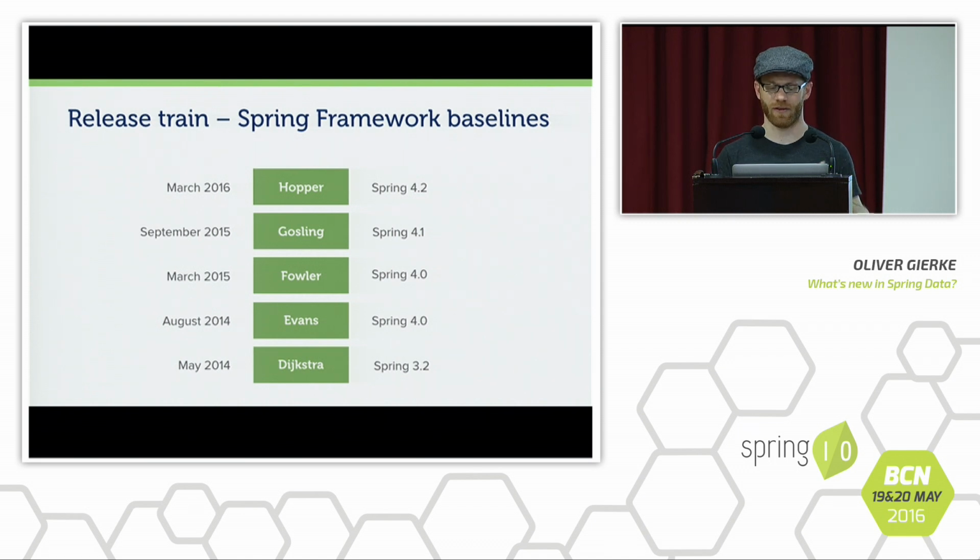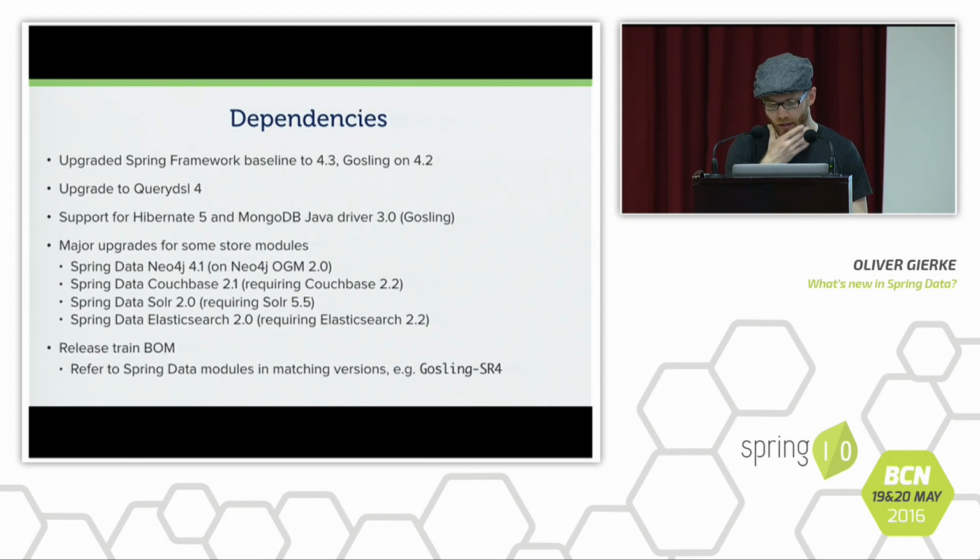That's basically it. We usually go ahead and maintain the former version for a slightly longer time. So Gosling is going to be maintained slightly longer, also for the fact that it's still in Spring Boot 1.3, and that's the major version right now. So that'd be it.